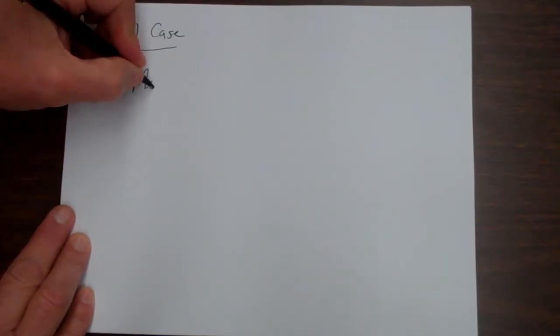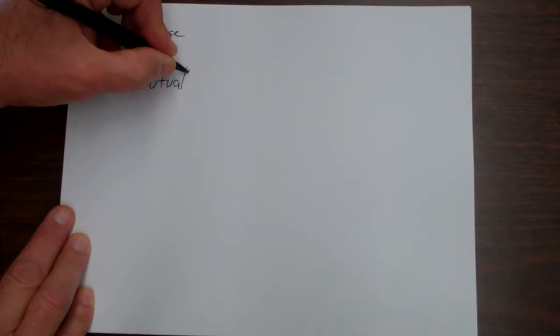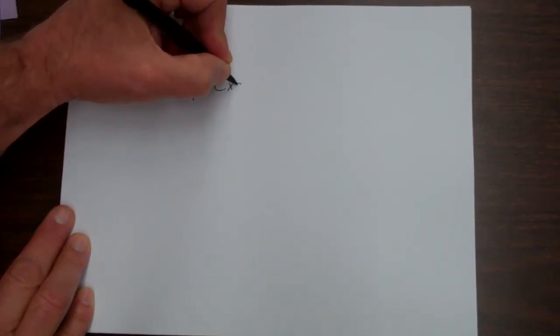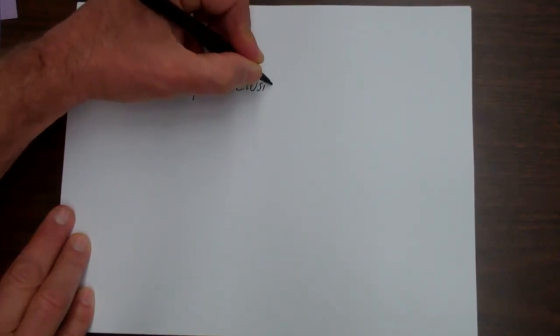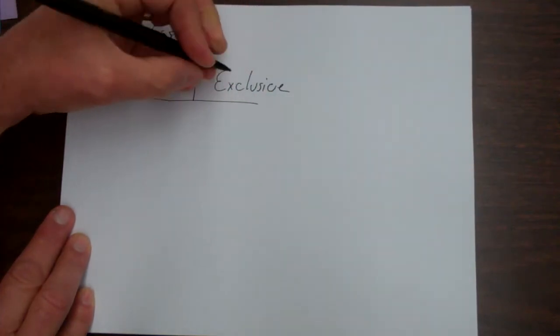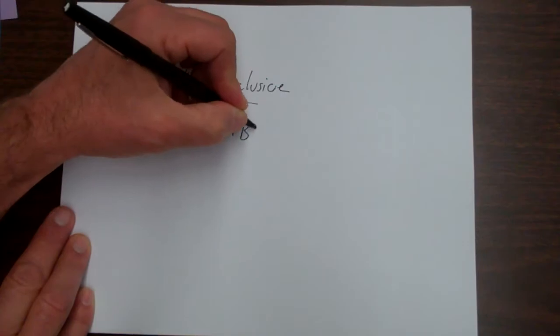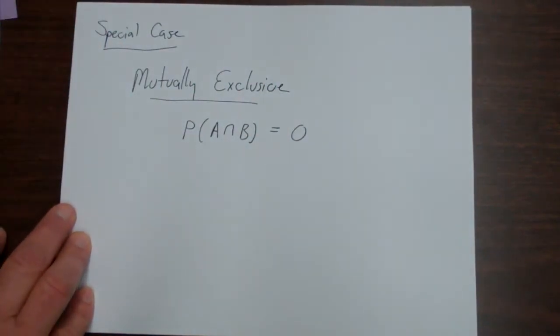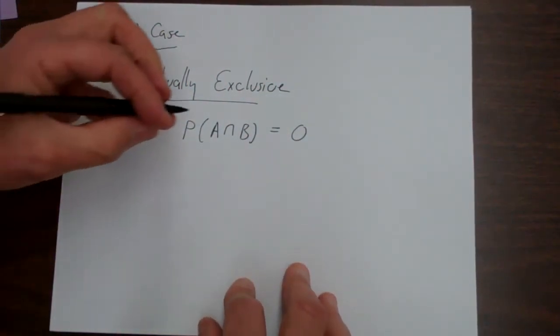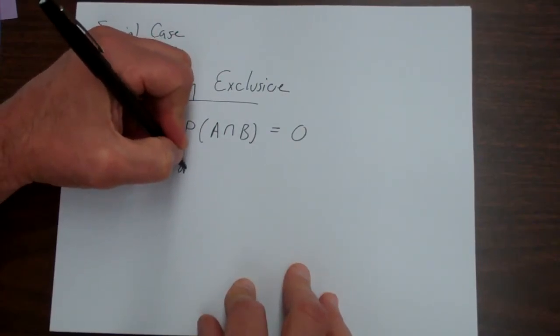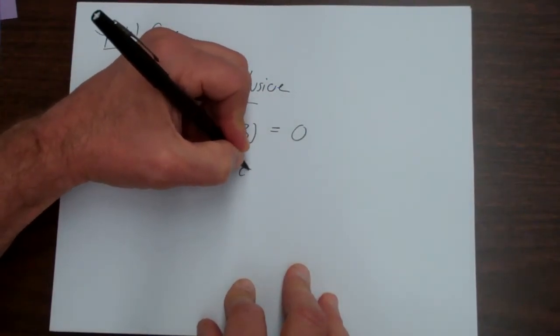Now, there is a special case, and that's when you have two events that are called mutually exclusive. The technical definition of mutually exclusive is simply that the probability of A and B is equal to 0. In other words, A and B cannot both happen at the same time.